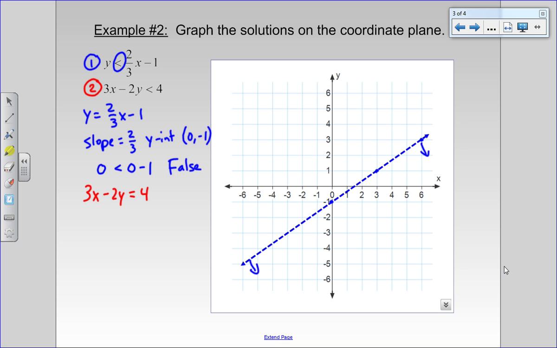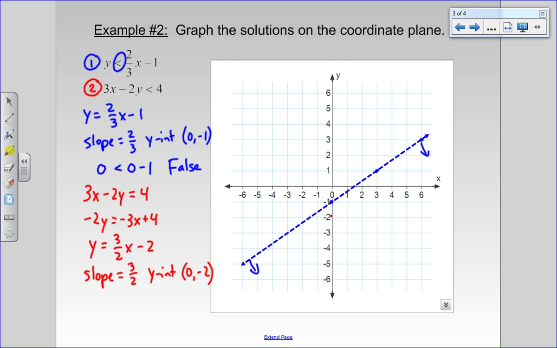We can do this by subtracting 3x on both sides, and then dividing both sides by -2 to obtain y equals 3 over 2x minus 2. So for this line, we have a slope of 3 over 2 and a y-intercept of 0, -2.